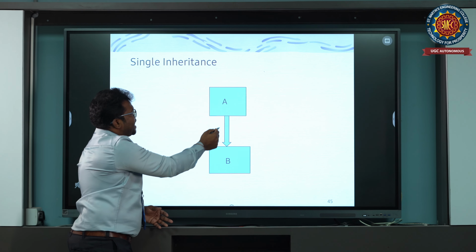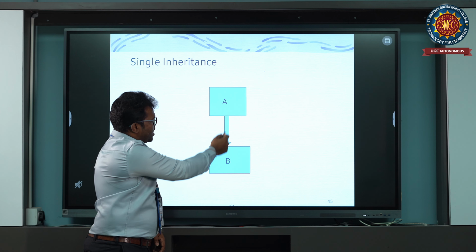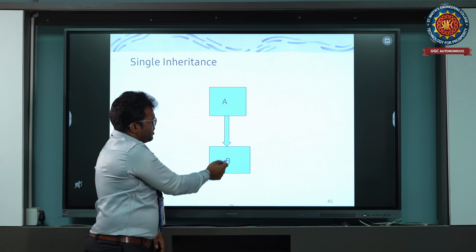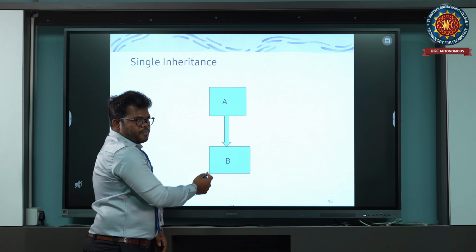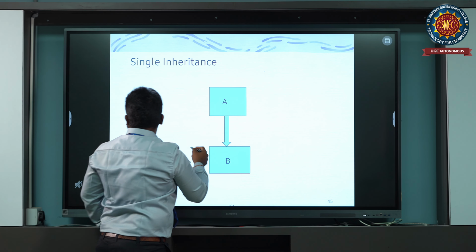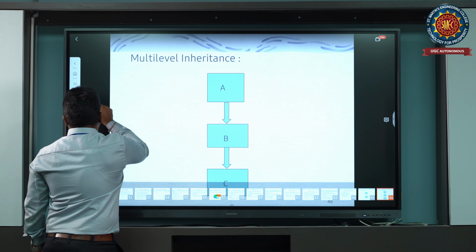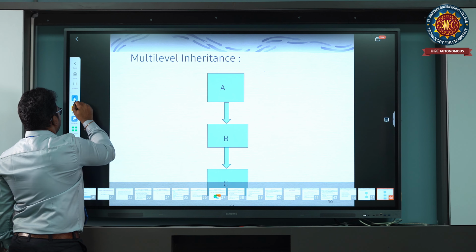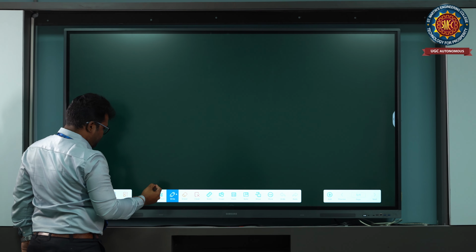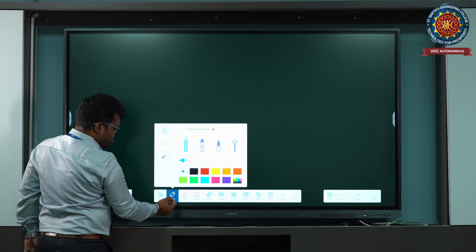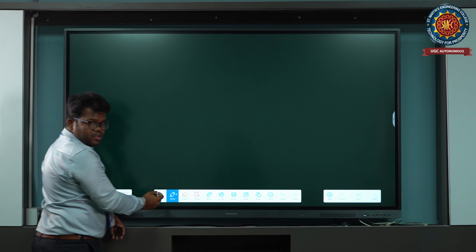This is single inheritance, for example, A and B. Here we have to extend A. The extends keyword goes from the parent class to the child class. Then we have to use a sample program.